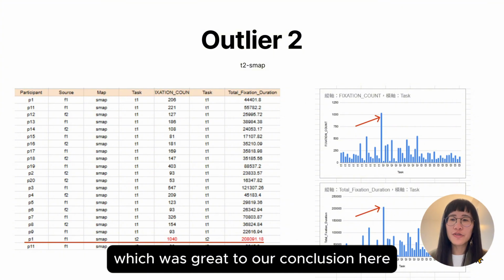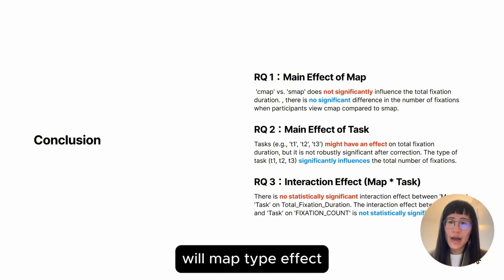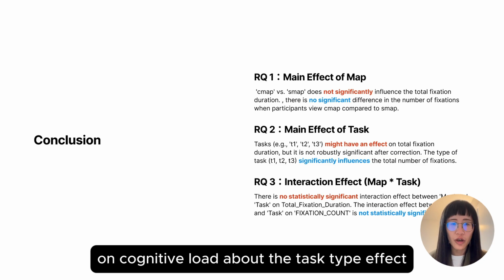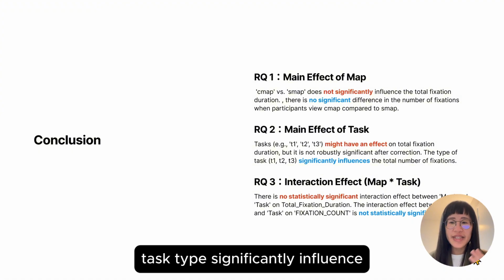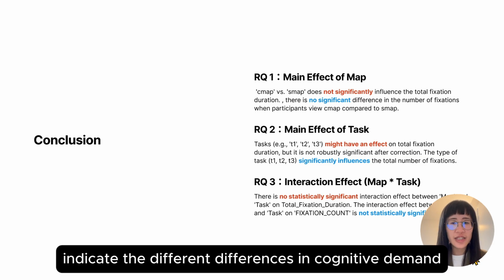To conclude, here are the answers to our research questions. First, the map type effect? There was no significant effect of map type on cognitive load. About the task type effect, task type significantly influenced fixation count, indicating differences in cognitive demand.